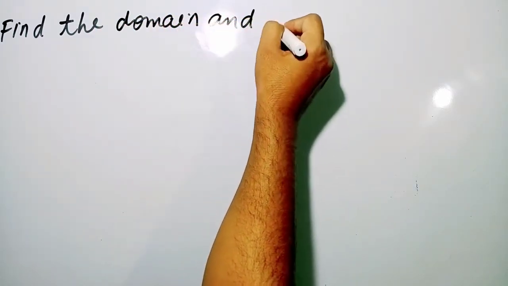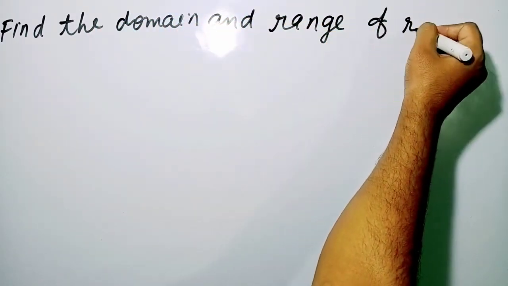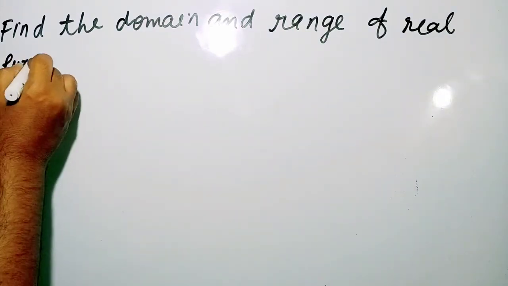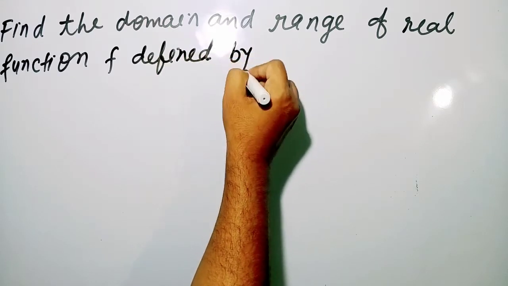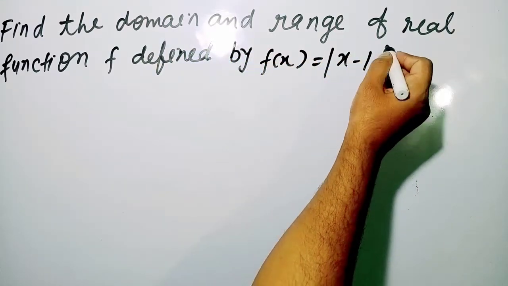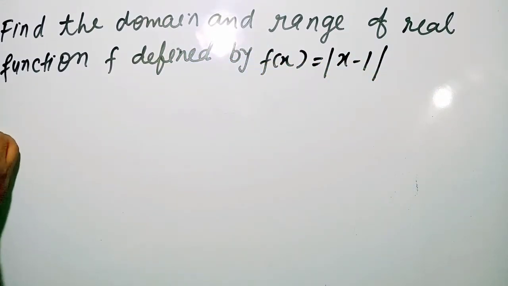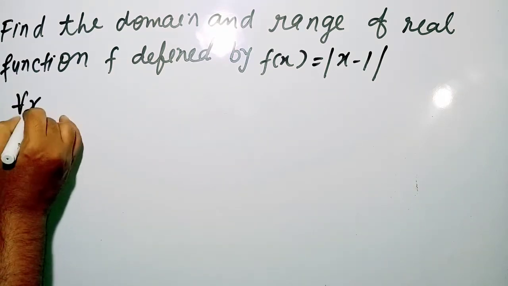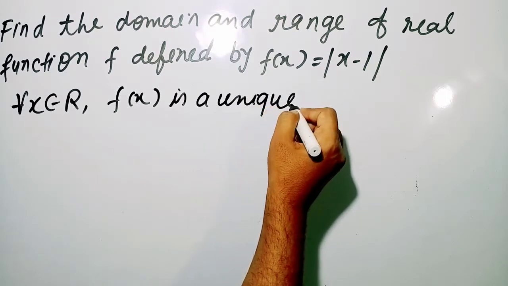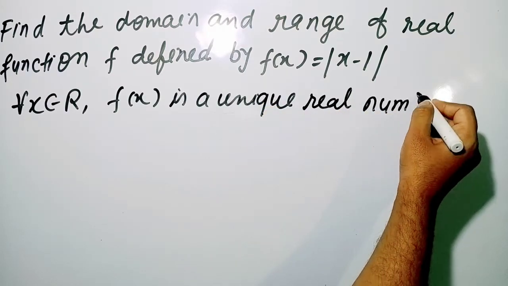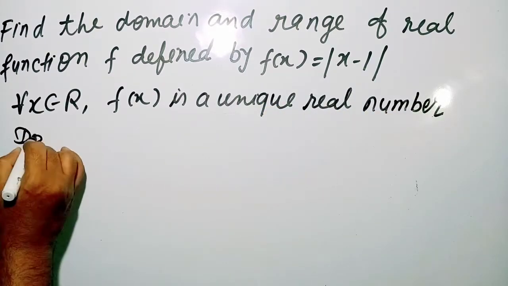Find the domain and range of the real function f defined by f of x is equal to modulus x minus 1. So let us see the solution. For all x belongs to R, f of x is a unique real number.